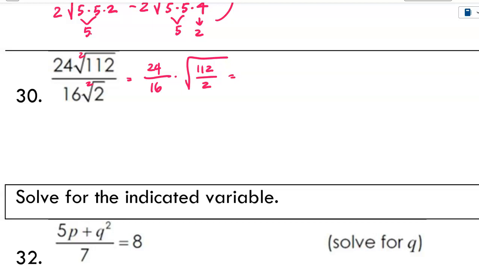Yes, 8. So that is going to be 8, 2, 8, 3. So we're going to have a 3 divided by 2. And then that simplifies as 1. And then a 5, 56, square root of 56.